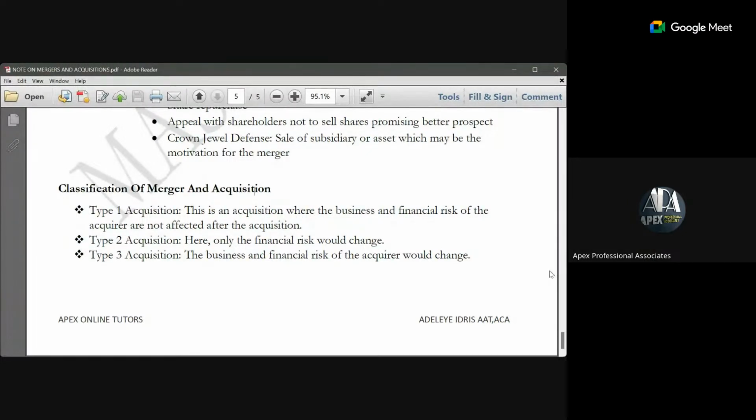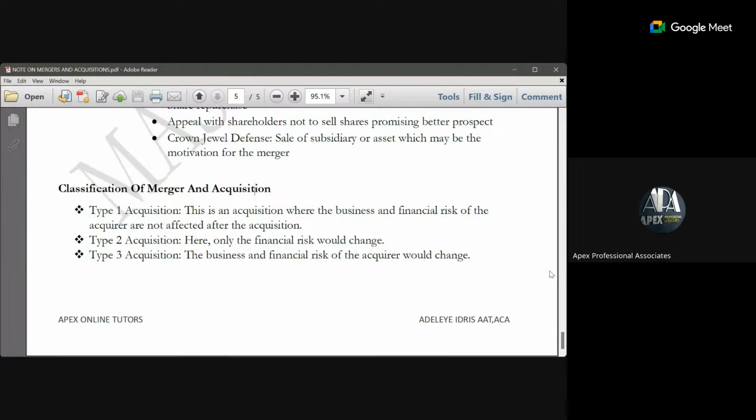So on this note, I would end the class. This is everything about the theoretical aspect of mergers and acquisition. For our next class, we will proceed to discuss, when you see a mergers and acquisition question, what is the first step?